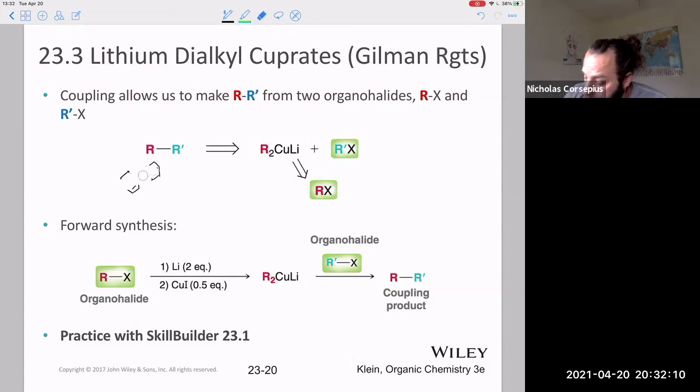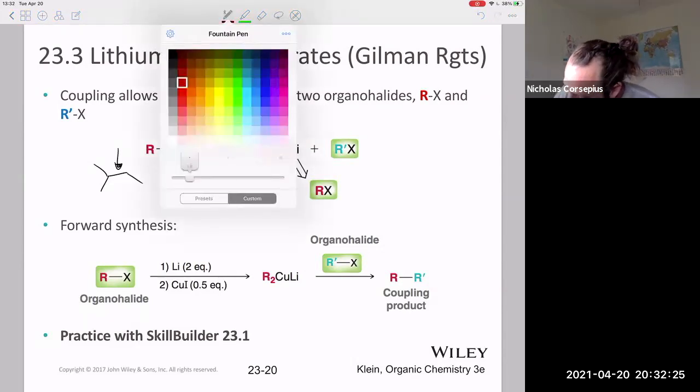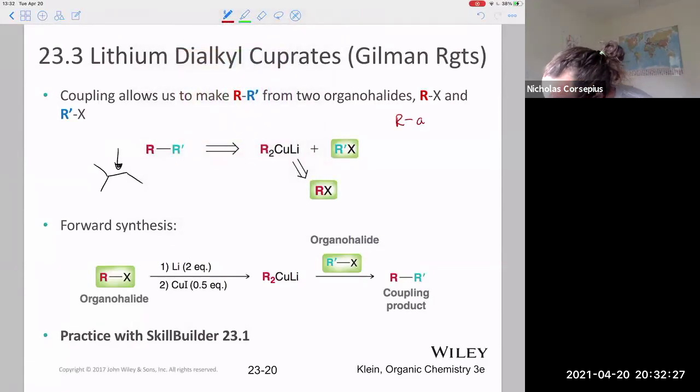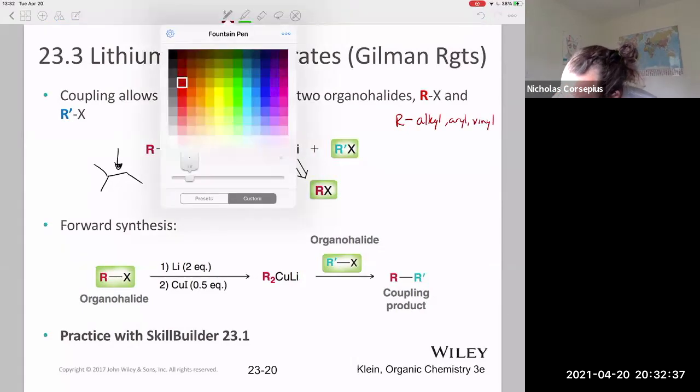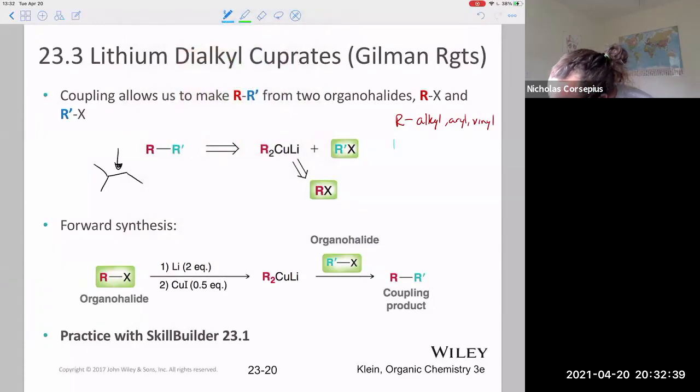When this would be really important is, let's say that we have something like this, where this is my new, not double bond, single bond that's formed. The limitations on R are alkyl, aryl, and vinyl. And the limitations on the alkyl halide portion are similar, except it has to be methyl or primary.